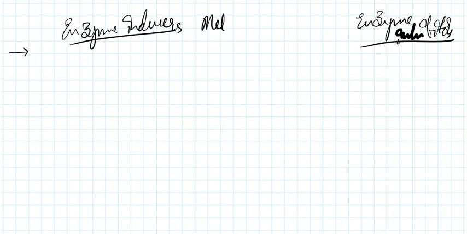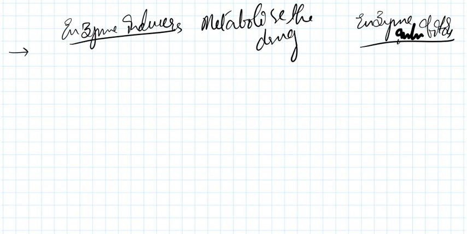They metabolize the drug. So if you give enzyme inducers, the enzyme gets activated. The enzyme's activity gets increased, thereby leading to increased or fast metabolism of the drug.